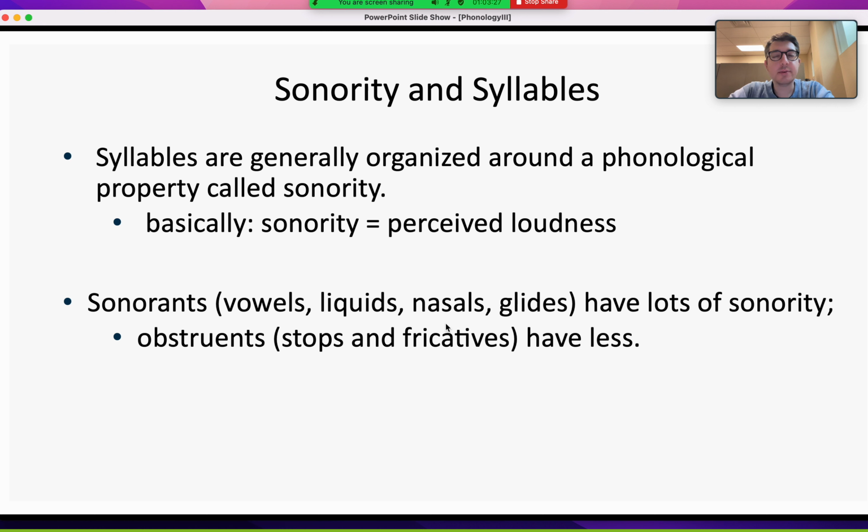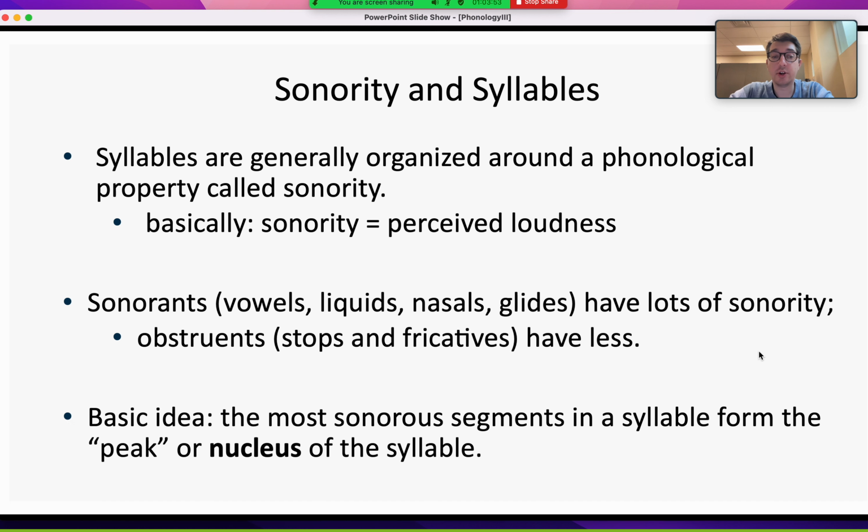It's more singable than b. Actually, b cannot be singable. Even fricatives, s, sh, they are not sonorants. So stops and fricatives are called obstruents, and they are different from sonorants, which have lots of sonority.